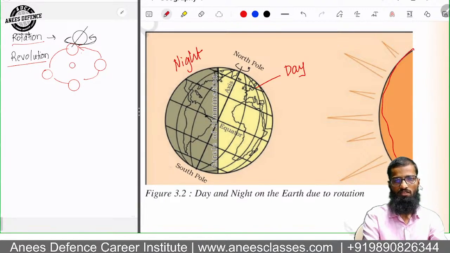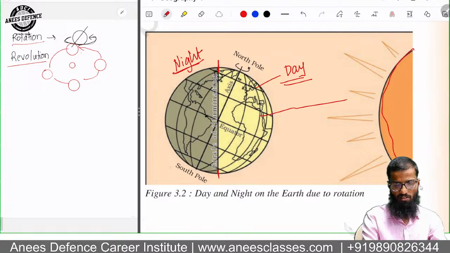You might see this as a line, but if you look carefully, this is a circle. So this is called the circle of illumination. On the left side you have night, on the right side you have day.